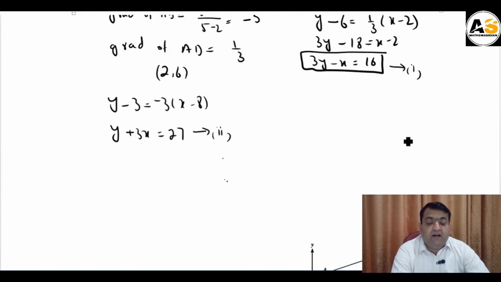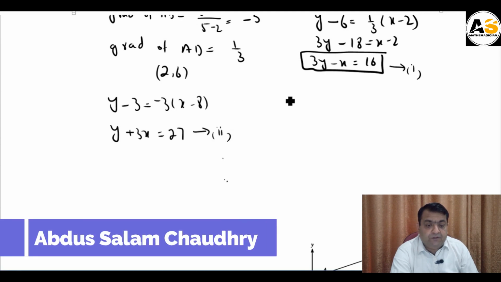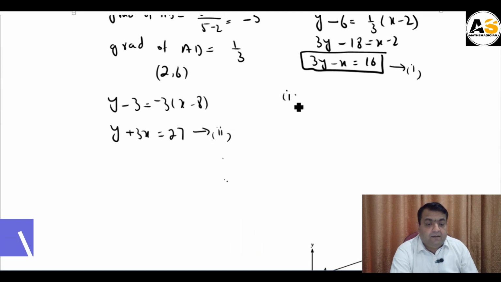How will we find the point D? We will solve these two simultaneously. Equation 1 is 3y minus x is equal to 16. I am multiplying equation number 2 by 3, giving 3y plus 9x is equal to 81, and then I am subtracting it.